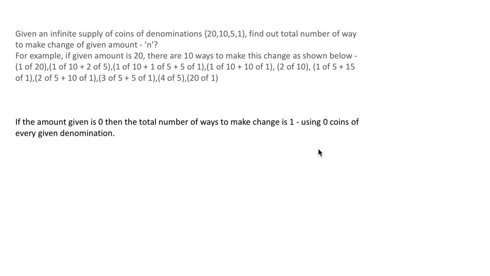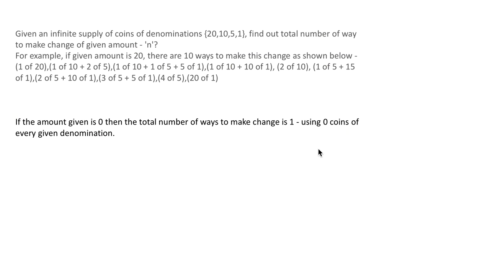So for example, in this case, the total number of combinations for making 20 with the denominations 20, 10, 5, 1 will be 1, 2, 3, 4, 5, 6, 7, 8, 9, 10. 10 combinations. So you can make 20 in 10 different ways with coins of 20, 10, 5, 1.